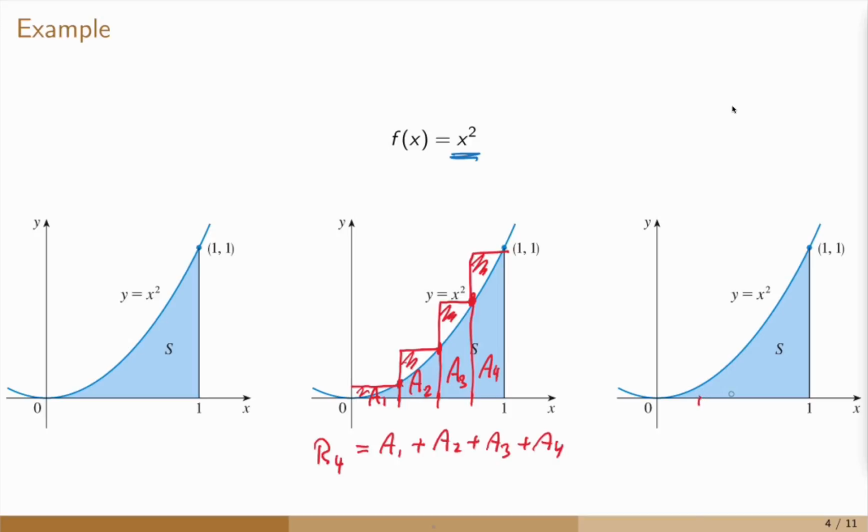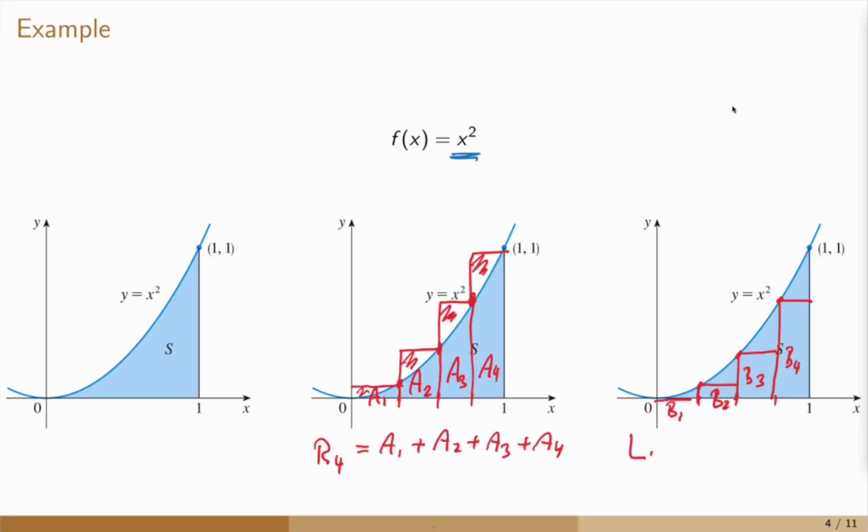I can do it the other way also. Again, I use the same 4 points along the curve, but now I use these points to be the left endpoints of the interval which builds my rectangle. So that's the left endpoint, I make a rectangle like this. Here I make a rectangle like this, and here like this. So let's call this B4, B3, B2. Actually, B1 is not really present because there's no height.